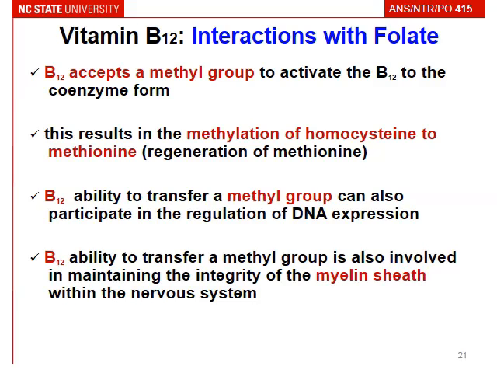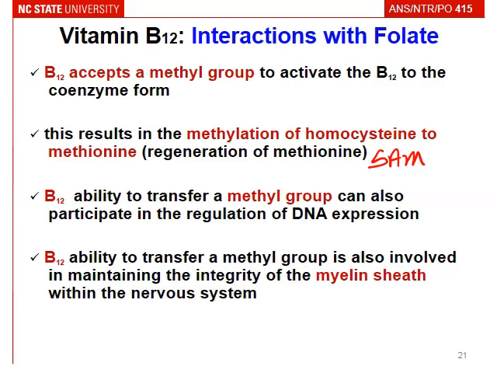Some of the things that B12 is responsible for: it accepts a methyl group to activate B12 in its coenzyme form, and that allows the methylation of homocysteine to methionine. So that's where we have, this is part of our SAM cycle. So we're regenerating our methionine.